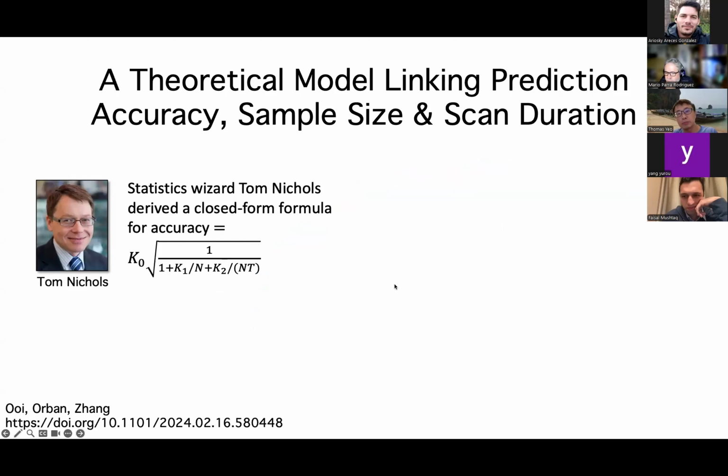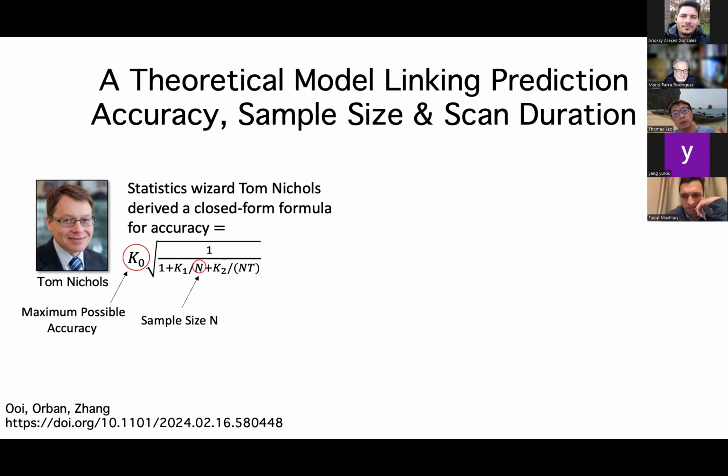Luckily for us, Tom Nichols, who is a statistics expert, helped us derive a closed form formula for prediction accuracy as a function of sample size N and scan time per participant T. K0 is the maximum possible prediction accuracy for the phenotype. Obviously, that will vary according to the strength of the relationship between functional connectivity and the phenotype.